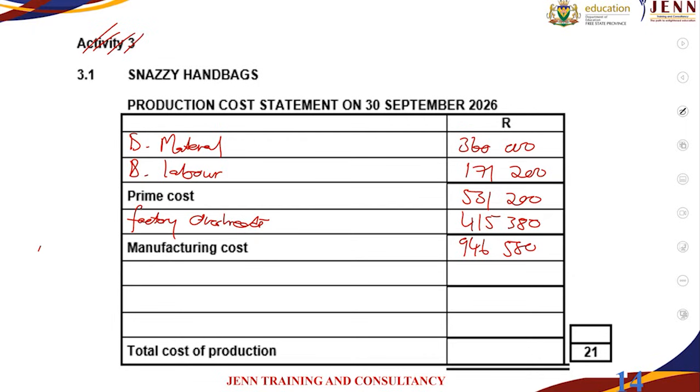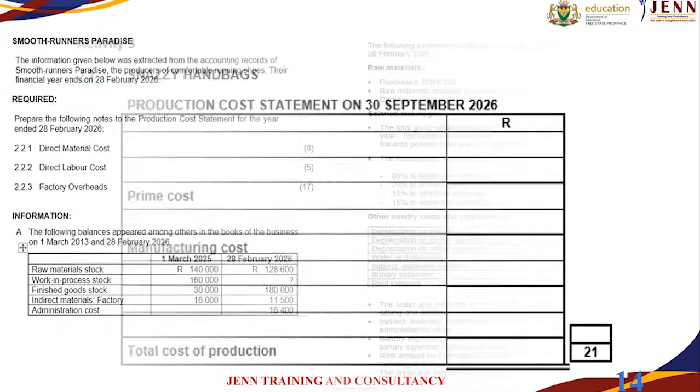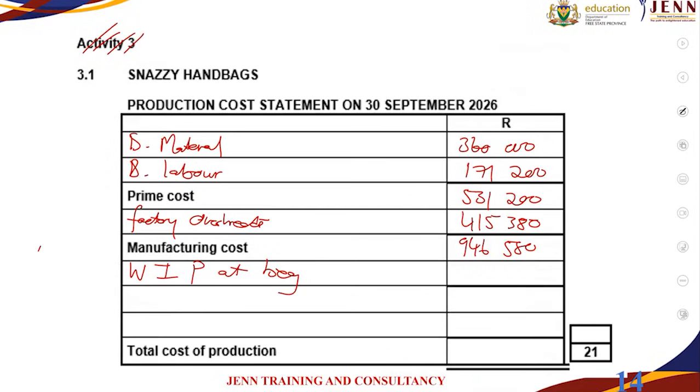946,580. And then remember I said here it must be work in progress at the beginning of the year. When we go to the previous slides, our work in progress at the beginning of the year is given as 160,000. So therefore, we can now include it here, which is 160,000.